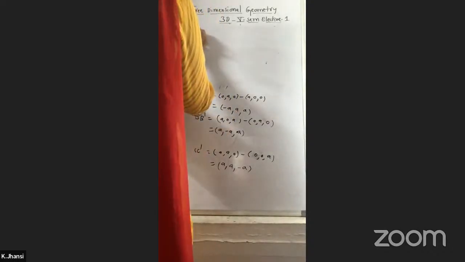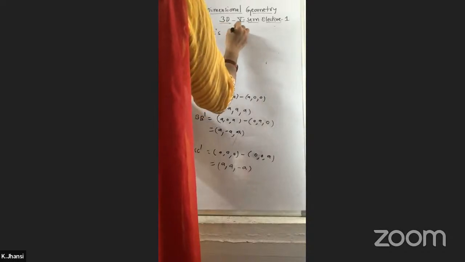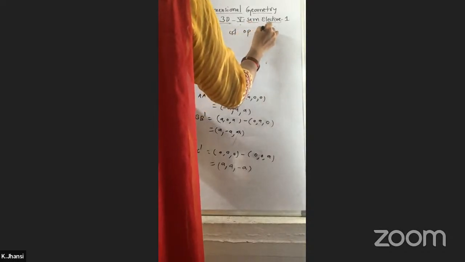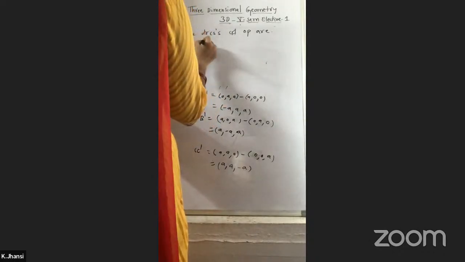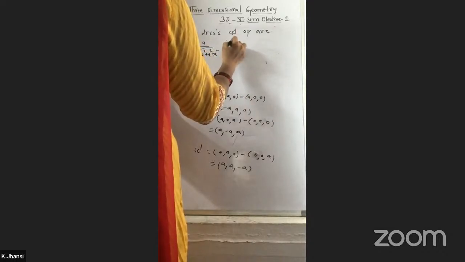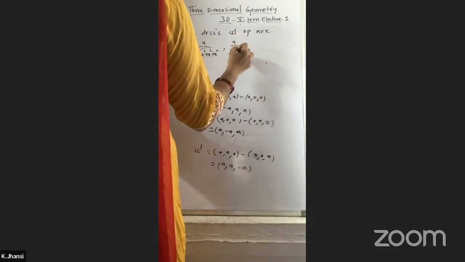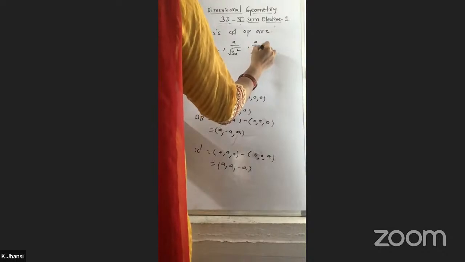Next we have to find the direction cosines of OP. First, if we take OP, it was A. So A by root of A square plus A square plus A square. This is also the same. I am writing root 3 A square. And this is A by root 3 A square.